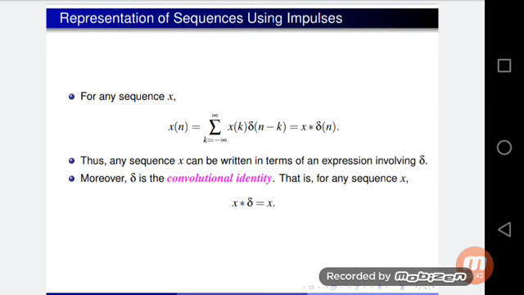Thus any sequence x can be written as an expression involving delta. Moreover, delta is the convolution identity, that is, for any sequence x, x into delta denotes x.